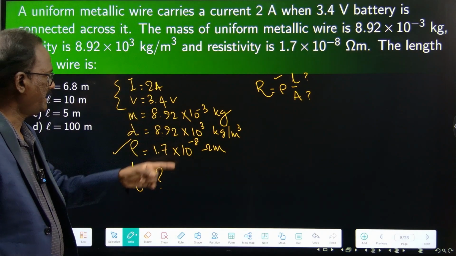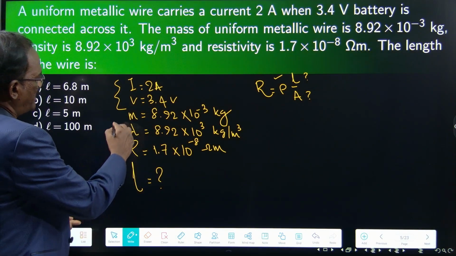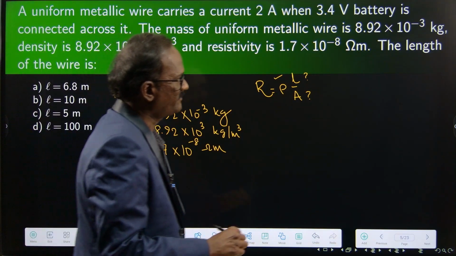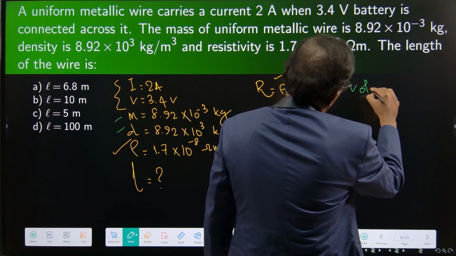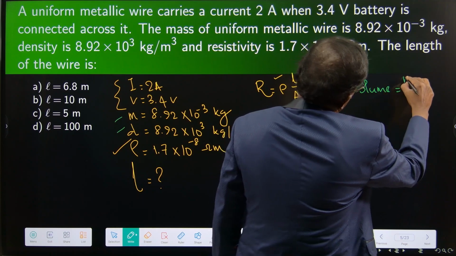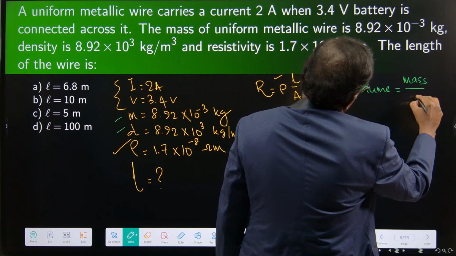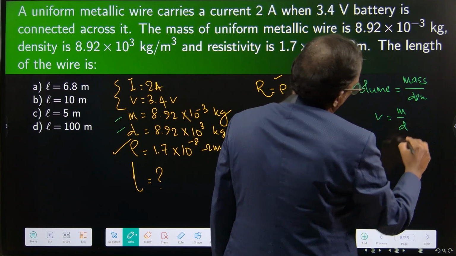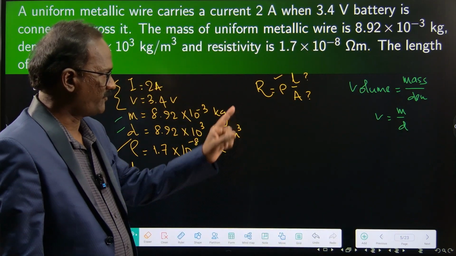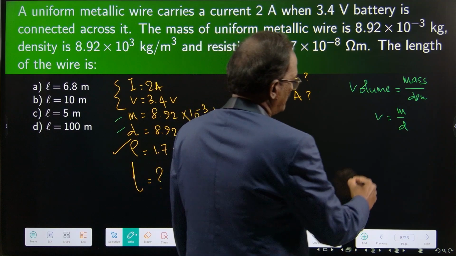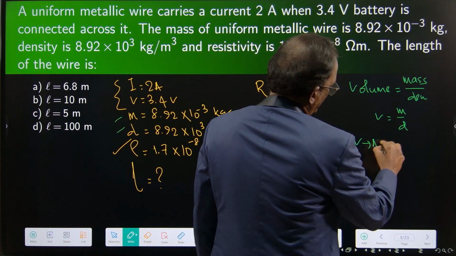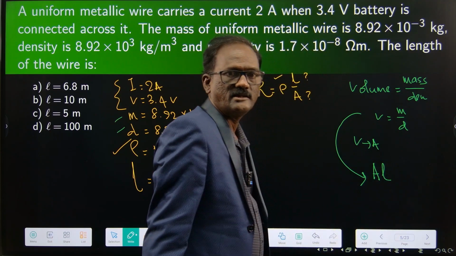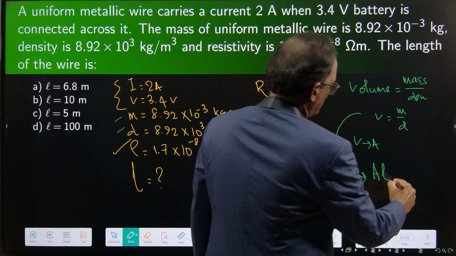For area, we have other quantities, mass and density, which give volume, mass by density. From volume we have to relate the area. Volume is equal to area into length of the conductor, AL.